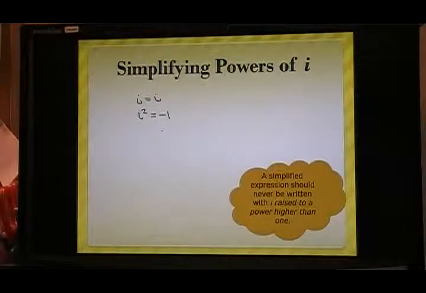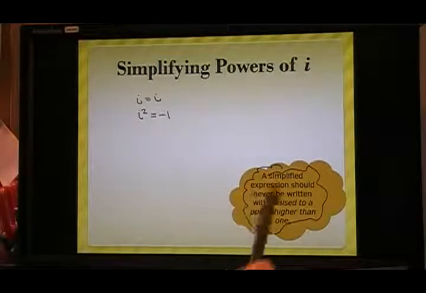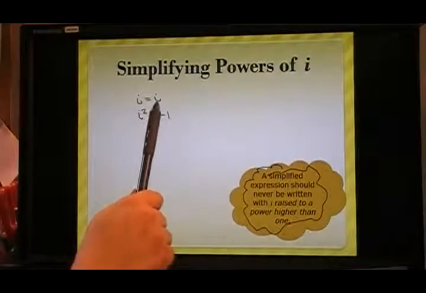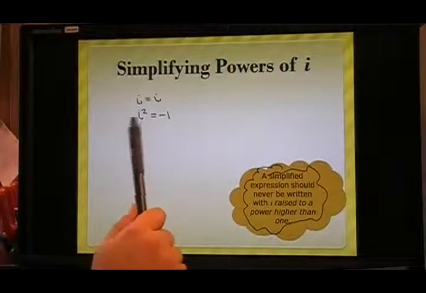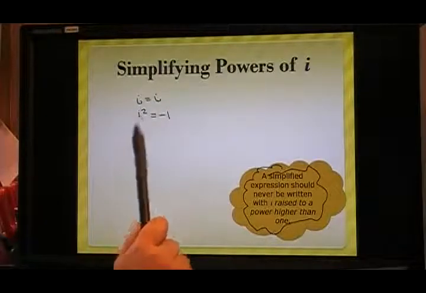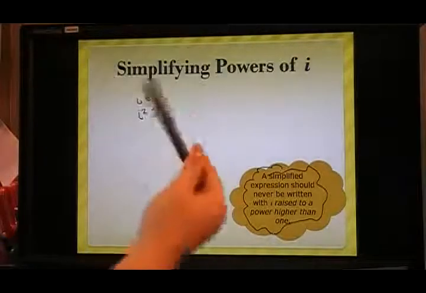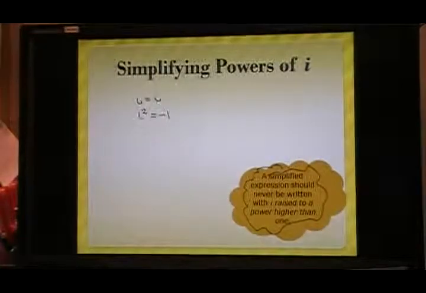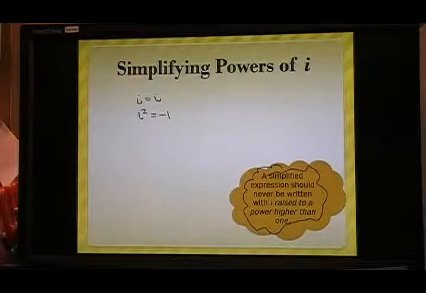The answer is a simplified expression should never, ever, ever be written with i raised to a power higher than 1. So if you have an i, you can leave it. But if you have an i squared or an i to the third or an i to the fourth, you have to simplify it so you never have i raised to a power higher than 1.